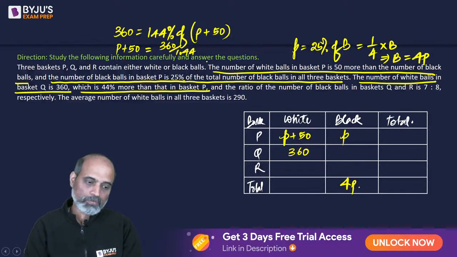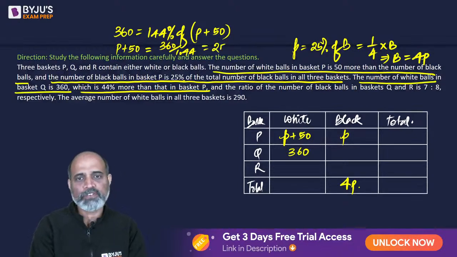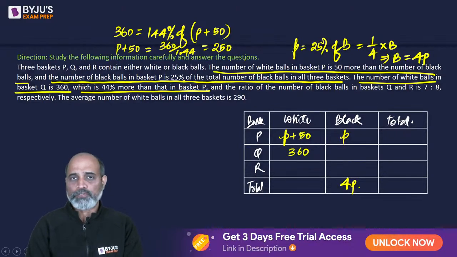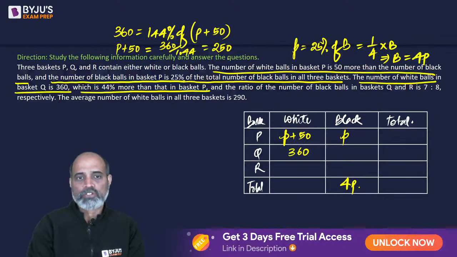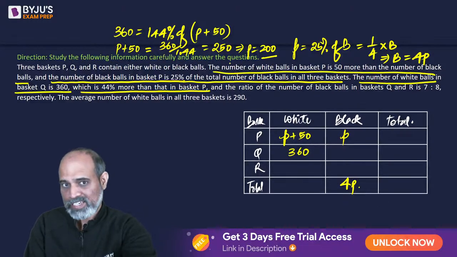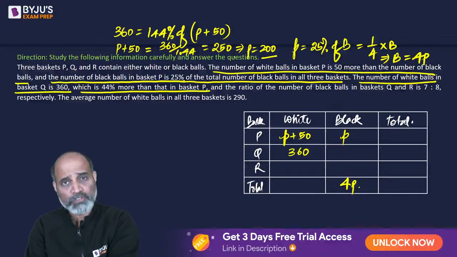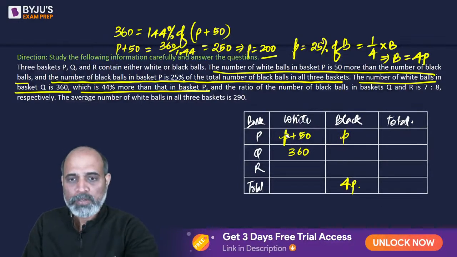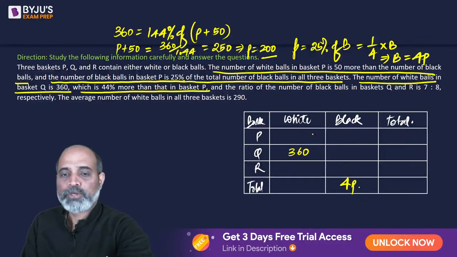So it turns out to be 250 if we solve this. 250 plus 44% of 250, which is 110. 250 plus 110 is 360. So this gives us the value of P from here. So value of P is going to be 200, right? Because P plus 50 is 250. So P is 200.